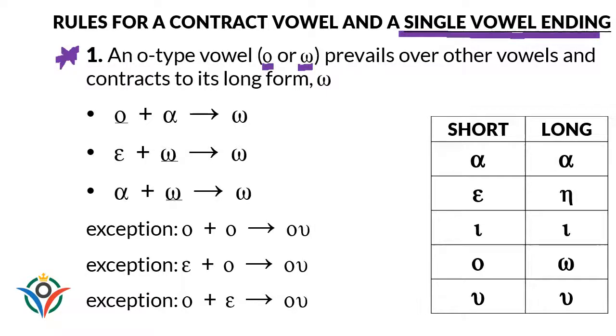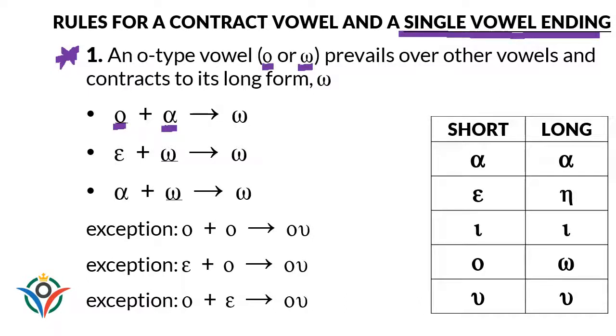All right, so let me read that again. An O-type vowel, all right, so a short form, the omicron, or the long form, omega, prevails over other vowels and contracts to its long form. All right, so look at these three examples with me. So we have the contract vowel omicron, plus the vowel of the verb ending, alpha.